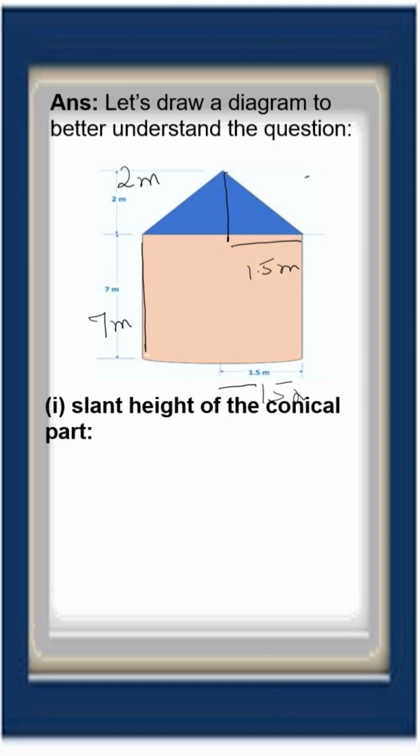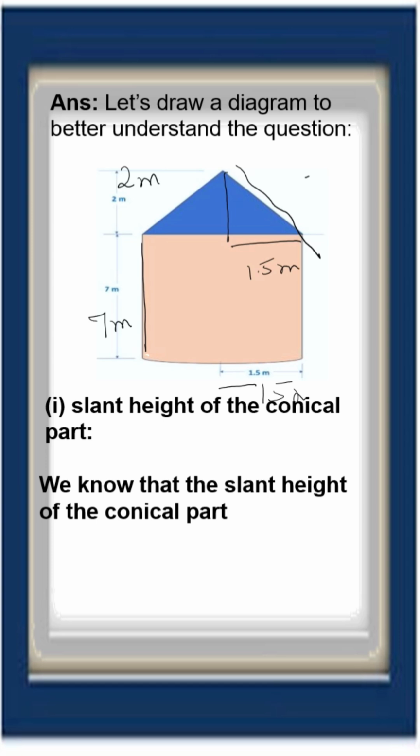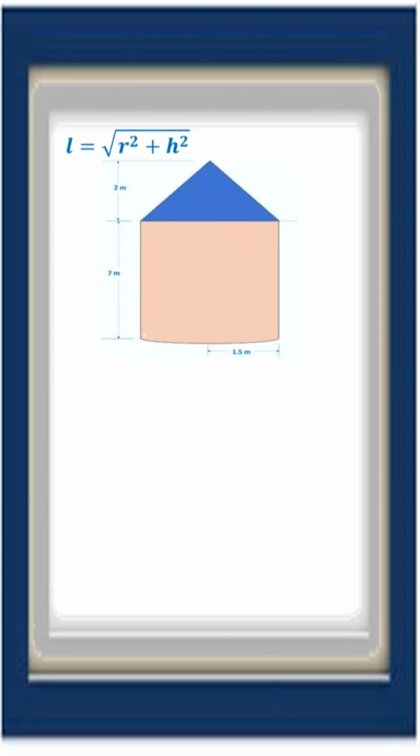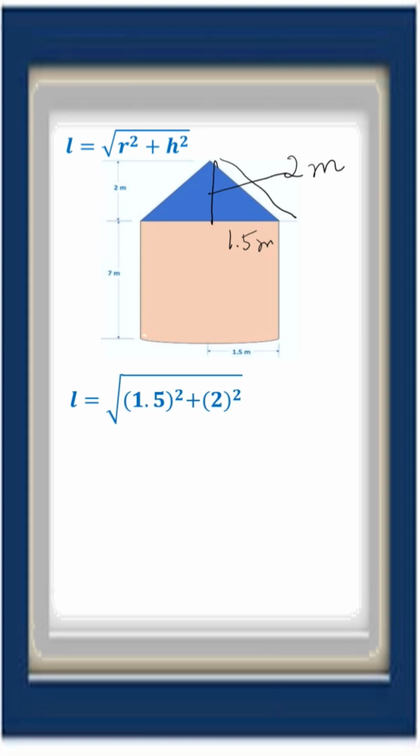The first question is we have to find the slant height of the conical part. We know that slant height L is equal to square root of R square plus H square. Now let us substitute the values. Here radius is 1.5 meter, H is 2 meter. L is equal to square root of 1.5 square plus 2 square. 1.5 square is 2.25. 2 square is 4.